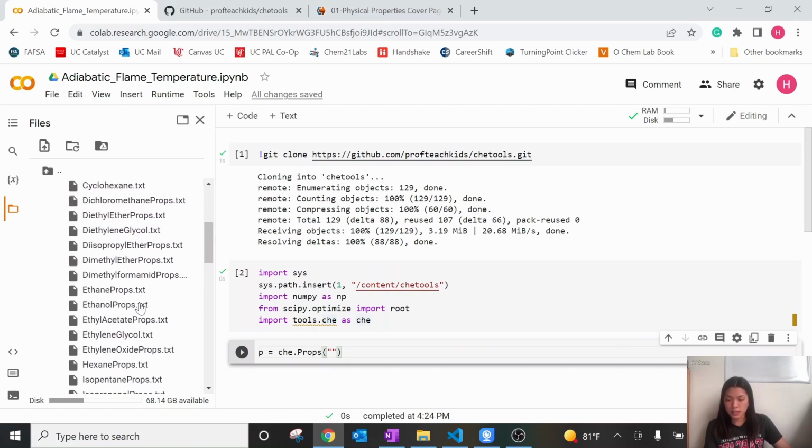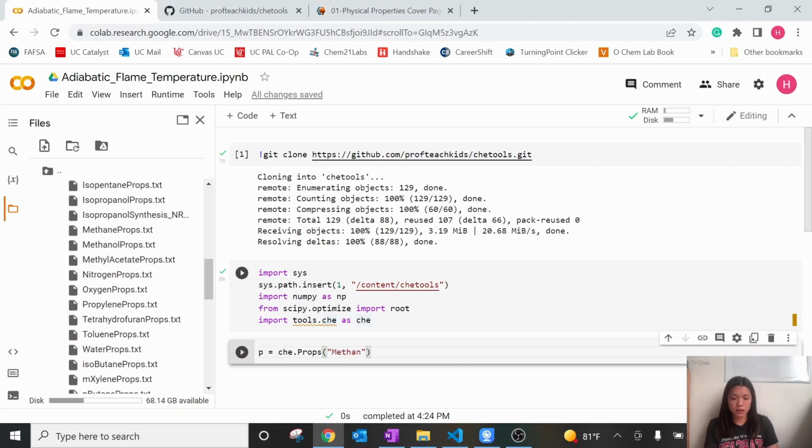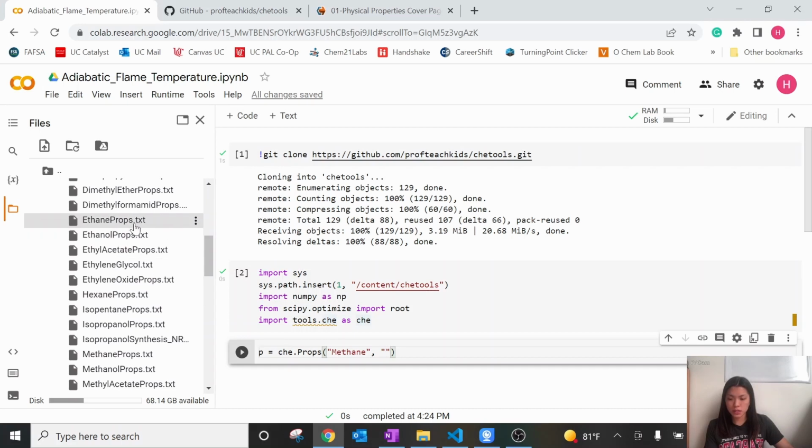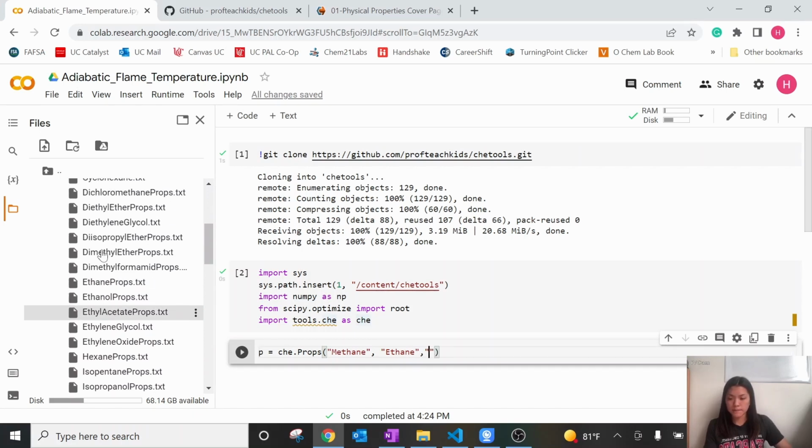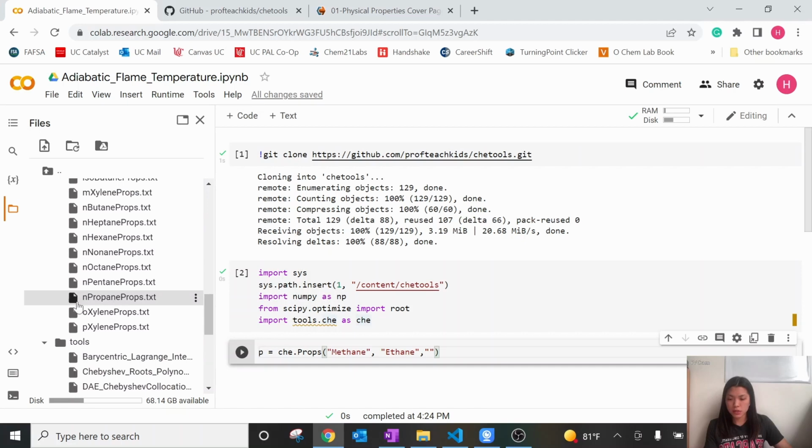If we go over here, we can see that methane is right here. We also need ethane, which is right here. We need propane, which is down here, so it's n-propane.